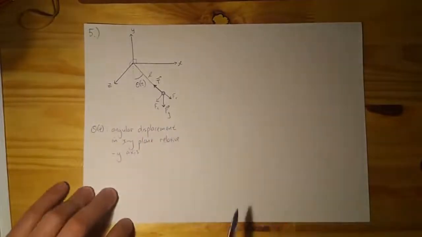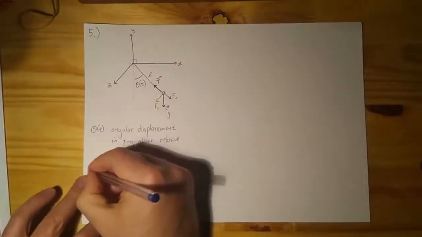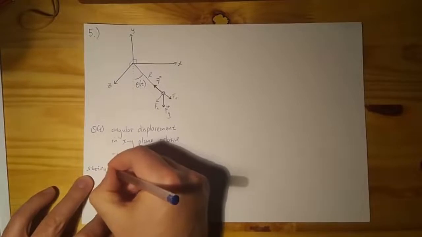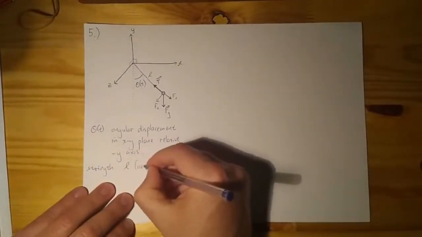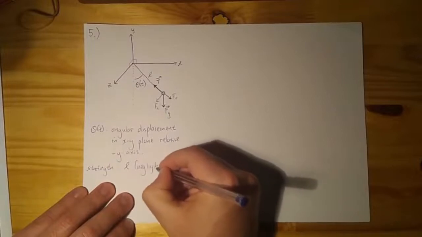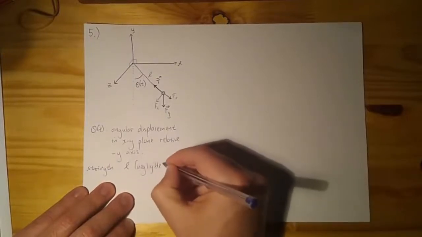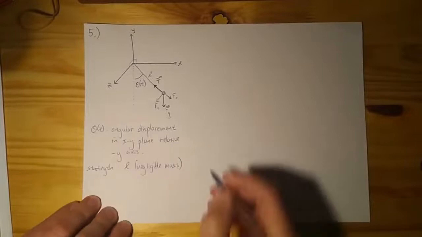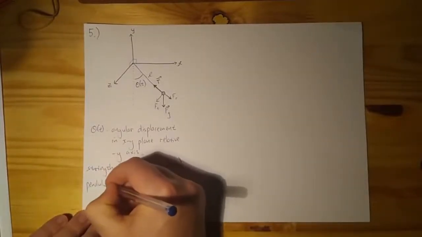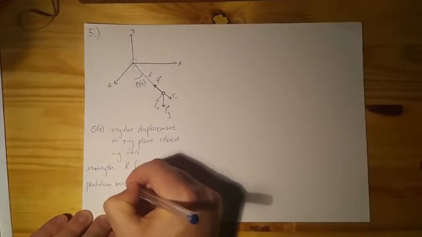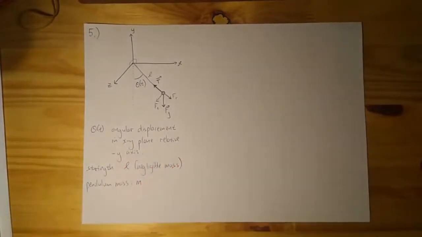All right, so that's pretty clear. And let's say the string length is L, and we assume that it has negligible mass, and the pendulum mass is m. Okay, so that's everything. Okay, so now we can start.